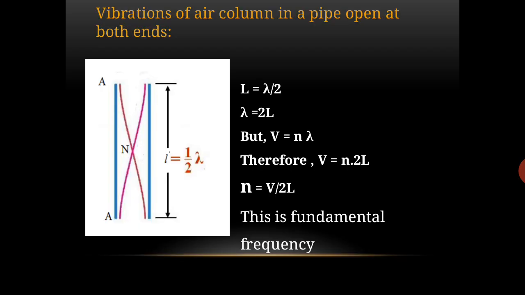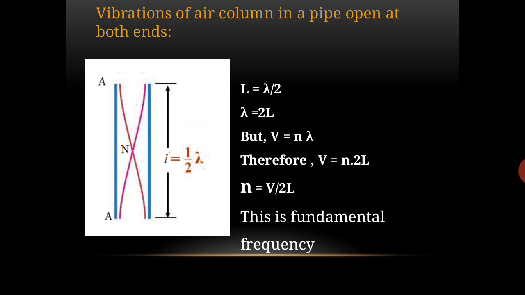Now we will consider the vibrations of an air column in a pipe open at both ends. Now see, this is the diagram in which the pipe is open at both ends. Node is formed at the center of the pipe and antinodes are formed at the exit sides.